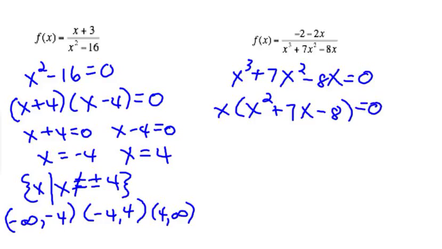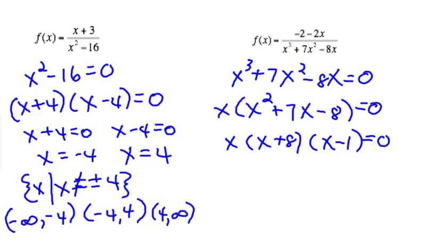And now I have to factor this trinomial. I'm looking for the numbers that multiply to negative 8 and add to positive 7, which of course are 8 and negative 1. So this becomes x plus 8 times x minus 1. The x I already have out in front has to stay there, of course.